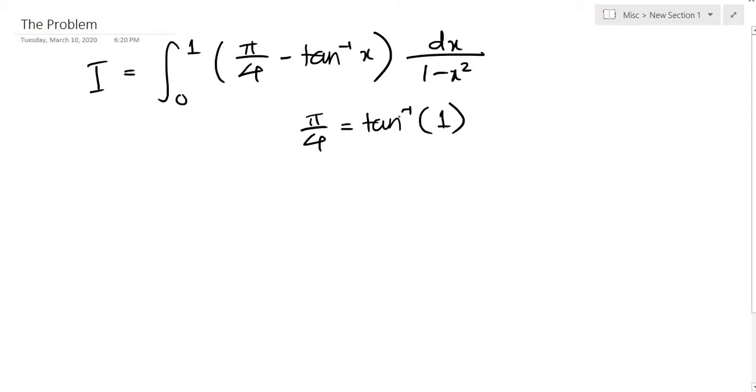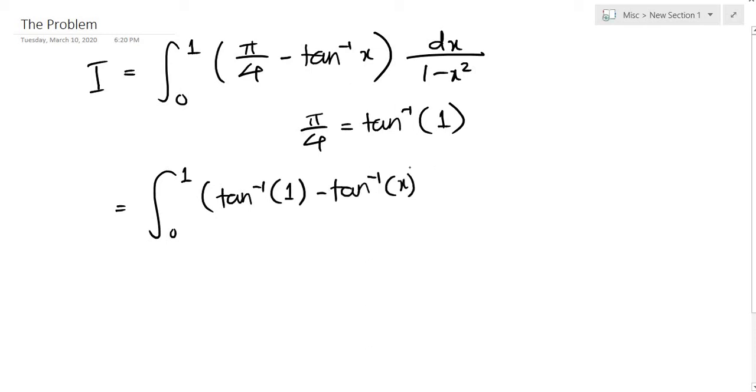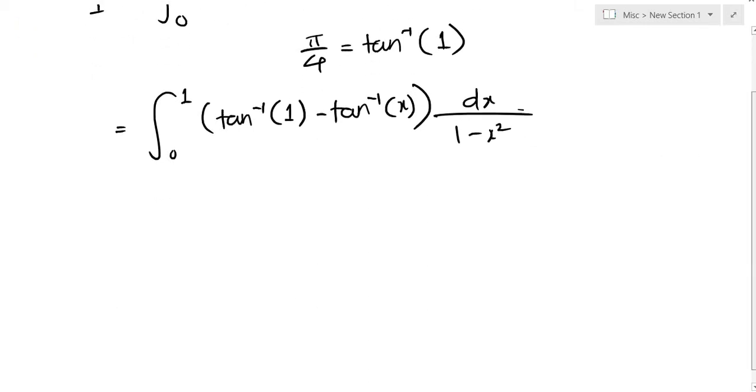We have inverse tangent of 1 being equal to pi over 4. And you will see in a minute why writing pi over 4 as inverse tangent of 1 is useful. So we have the inverse tangent of 1 minus the inverse tangent of x and a dx, and then in the denominator we have 1 minus x squared as it is.